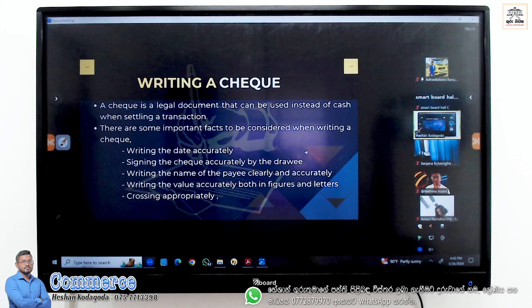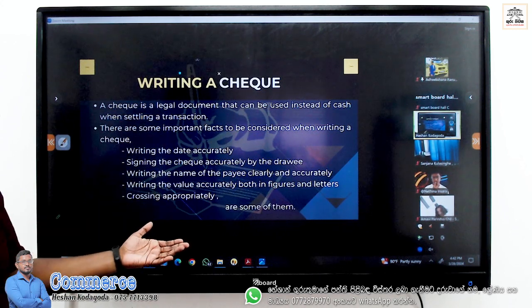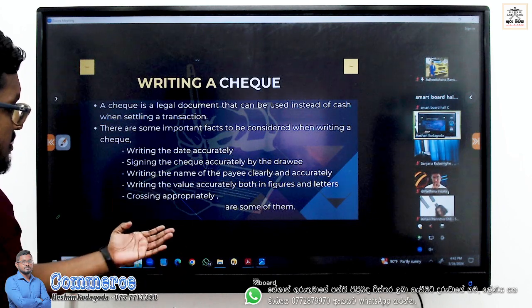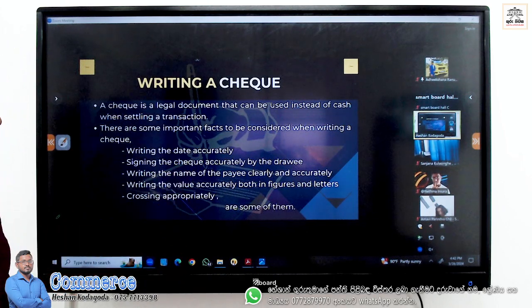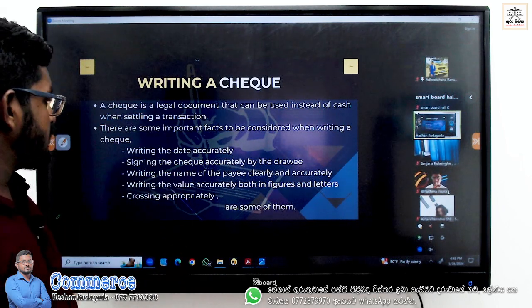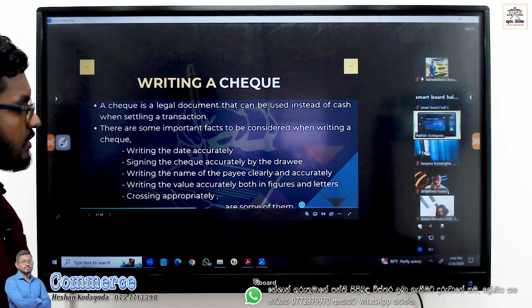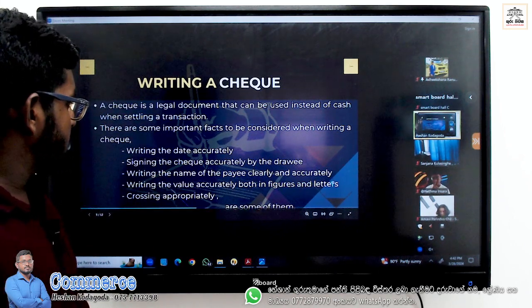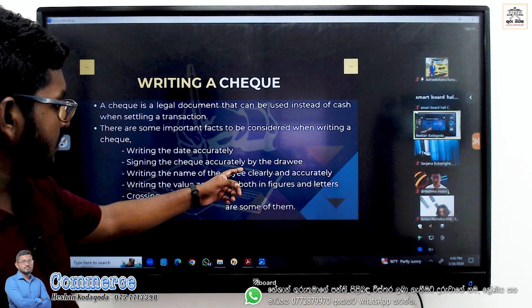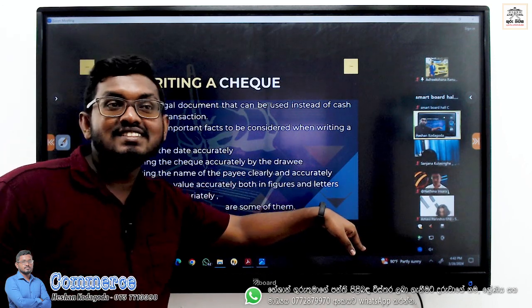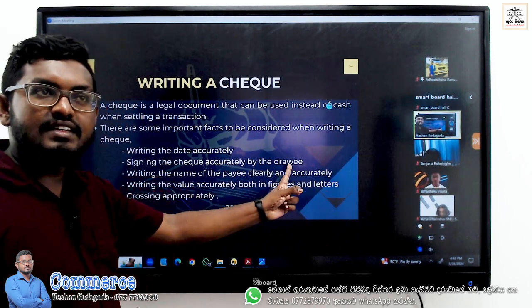Then writing a check. You can see in here he included what the things are: writing the date accurately, writing the name accurately, signing the check accurately by the drawee. I think signing the check accurately is by not the drawee, but the drawer. Am I clear, guys?